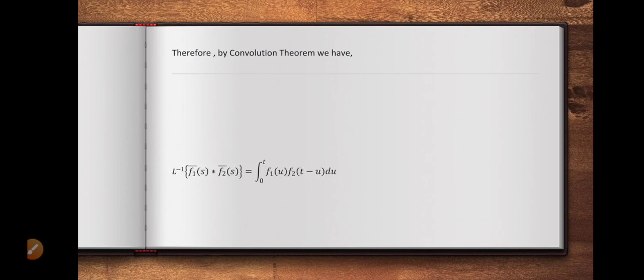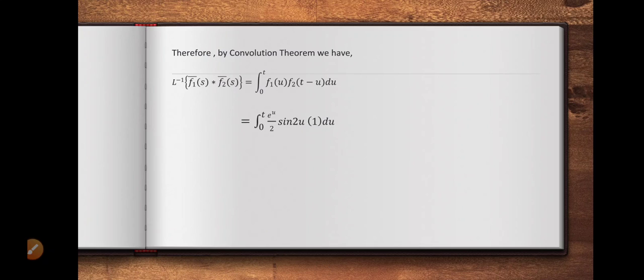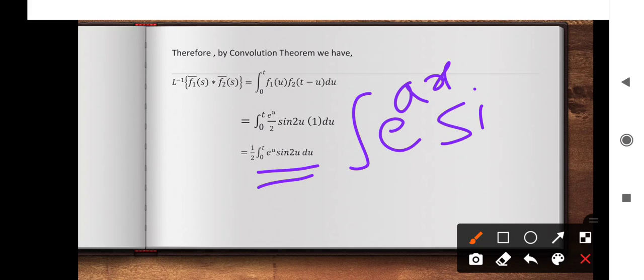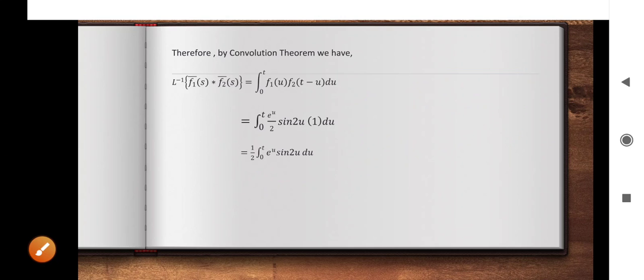You get here integration of f1 of u into f2 of t minus u within the limit 0 and t with respect to u, which is equal to integration from 0 to t e raised to u by 2 sine 2u, and f2 of t minus u will be 1 only. 1 by 2 can be taken outside the integration, and here you can apply the result of integration of e raised to ax into sine bx dx with a equal to 1 and b equal to 2 within the limits 0 and t.